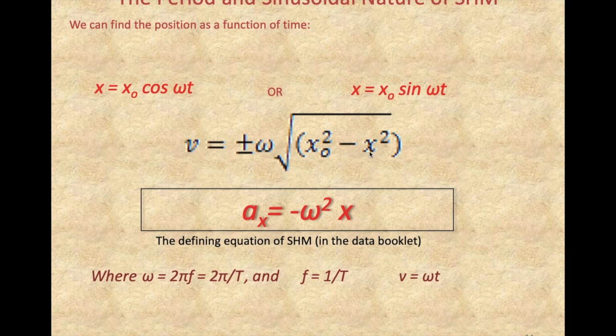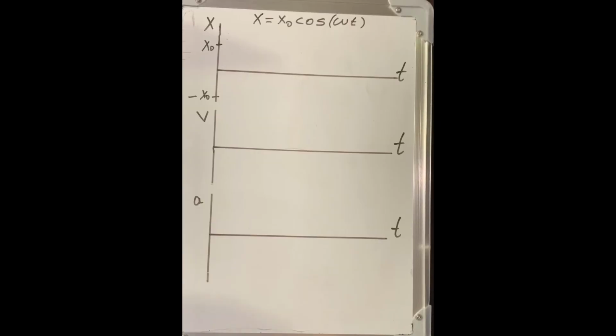You see there's no t value in this formula. This relates the angular velocity, the amplitude, and whatever position that you are looking at. So this relates the position along the simple harmonic motion and the corresponding speed, and plus or minus would give you the direction.